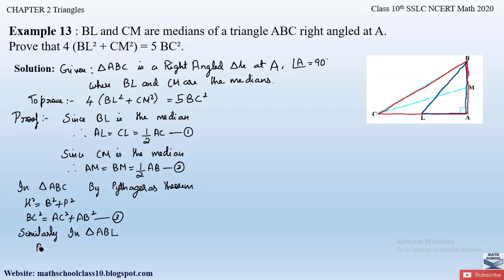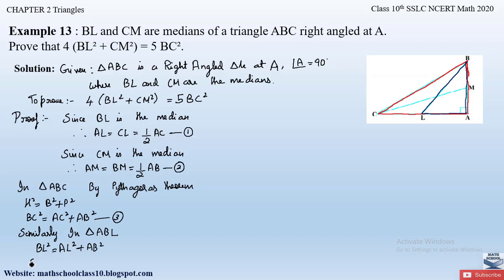So we will write BL square is equal to the base AL square plus the perpendicular AB square. But since BL is the median, we have written that the side AL is equal to CL and that is equal to half of AC.